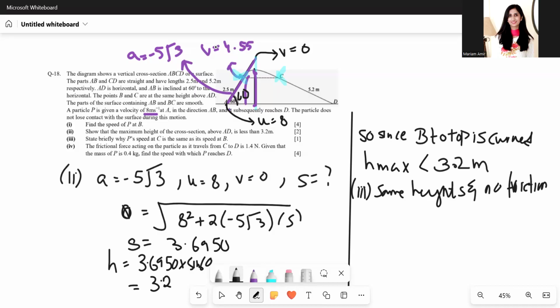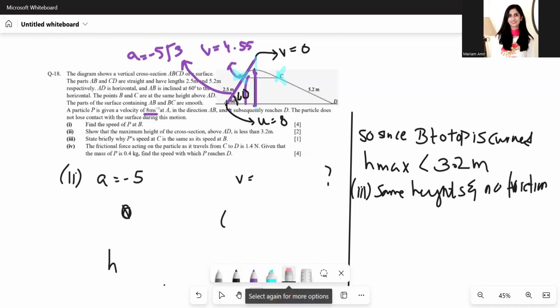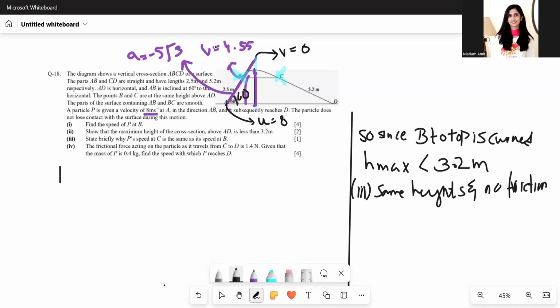Okay. Part 4. The frictional force acting on the particle as it travels from C to D is 1.4 Newton. Given that the mass of P is 0.4 kg, find the speed with which P reaches D. Okay. Again, you have two options. You can use equations of motion because it's a straight line, or you can use the work energy principle. Let's use both.